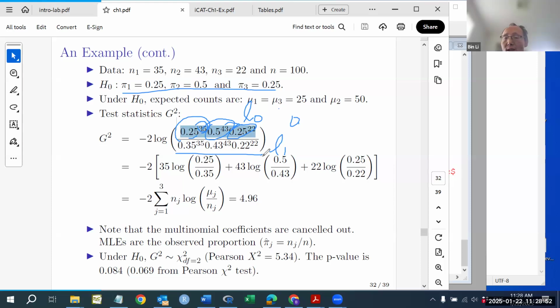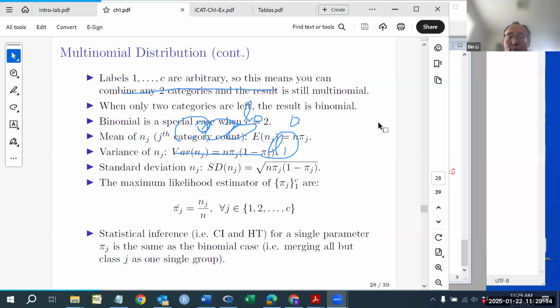Why is this the denominator? Because what is L1? L1 is the maximum likelihood value under the alternative. Okay, so we should use the MLE because the MLE is the one that maximizes the likelihood. Is that right? What is the MLE for the multinomial? Remember, the MLE for the multinomial is the sample proportion, right?